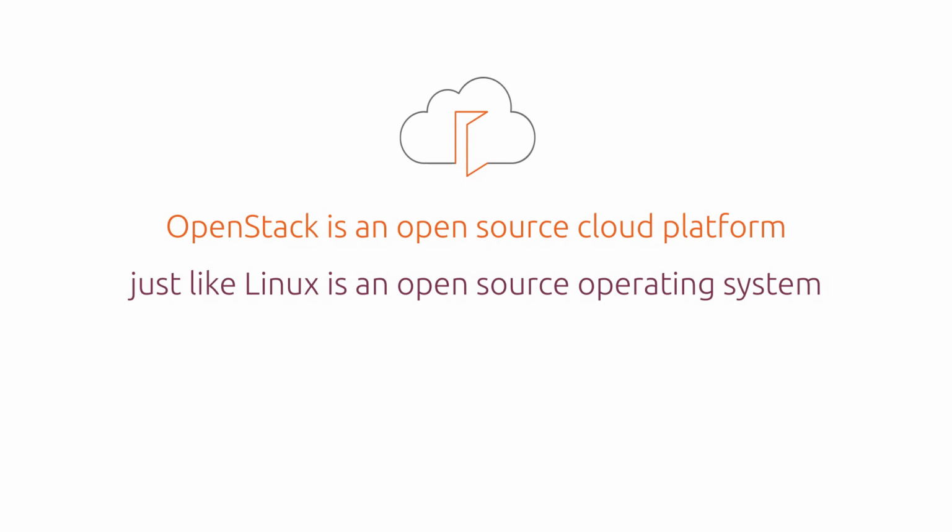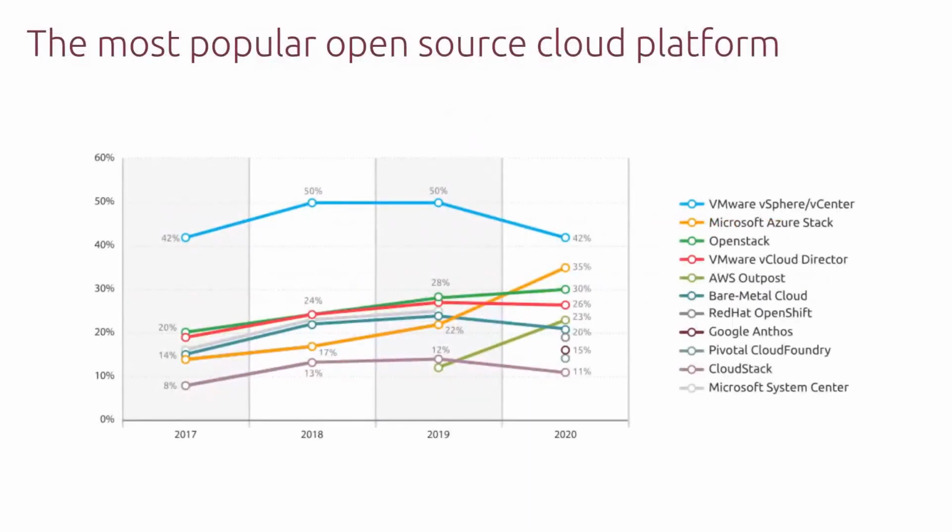Linux is the most popular open source operating system. And it's the same for OpenStack. There are various cloud platforms available out there. There's AWS, there's Azure, there's Google, there's Oracle Cloud, there's VMware. OpenStack is an open source cloud platform, and at the same time is the most popular cloud platform. Let's have a look at the following chart.